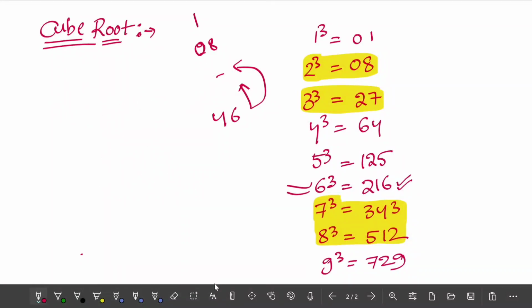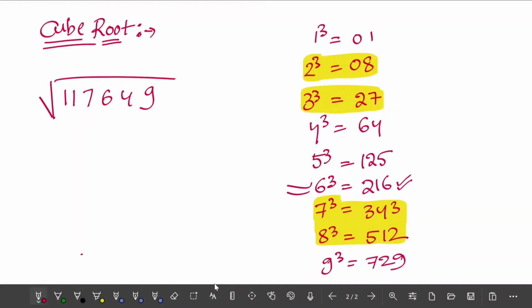Sir, we are confused. Let us take one more example. 117649. This is the number. So now that the unit digit is 9, so in order to get unit digit 9, 9 is the only one who is the reason. So 9.